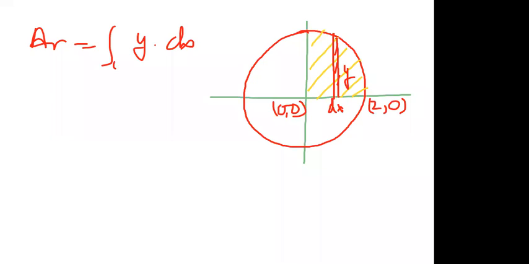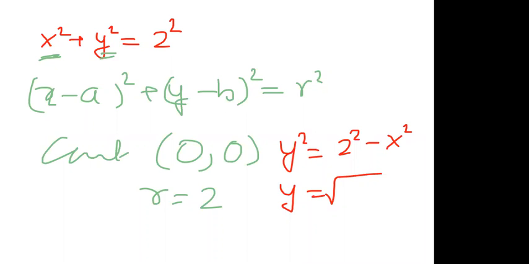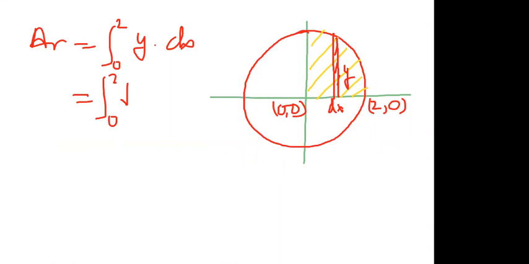So the area from 0 to 2 we need to calculate. Now what will be the value of y? Let us go back. y² will be equal to 2² − x², so y will be equal to √(2² − x²). The value of y we are going to put in the next slide. So it will be the integral from 0 to 2 of √(2² − x²) dx.